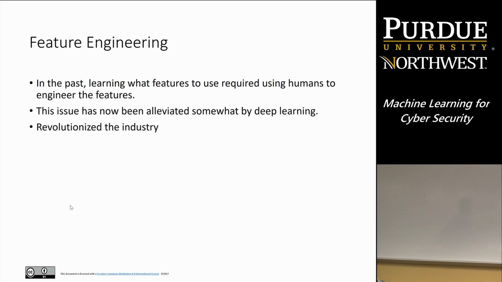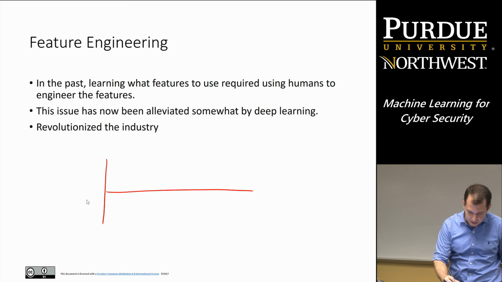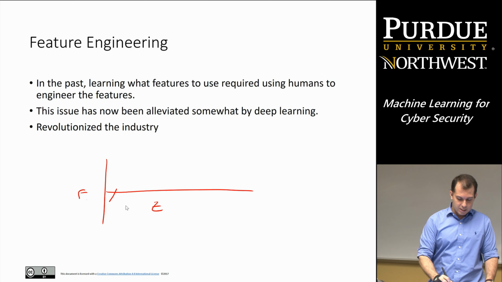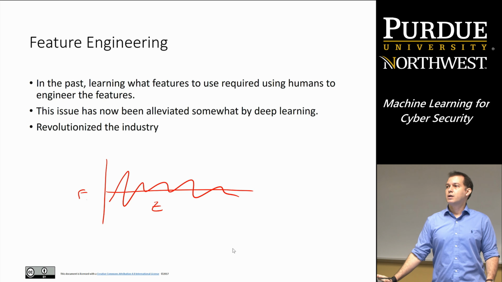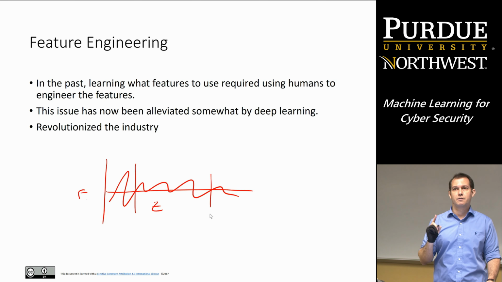Feature engineering, this is the experts coming in and figuring out what are the features that we need to use. So for instance, let's go back to speech processing, or signal processing. This is the time, this is the frequency, and this is the signal. But from math, we know that a signal in the time domain can be converted into something in the frequency domain.